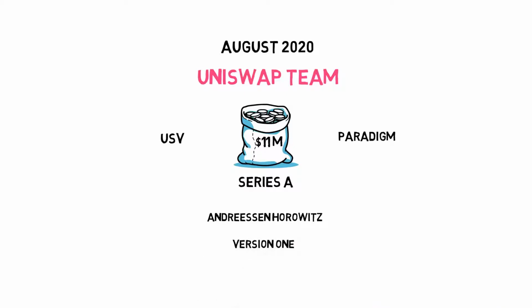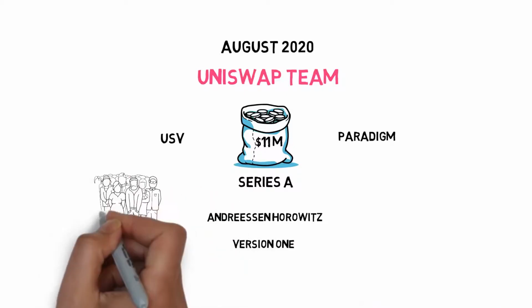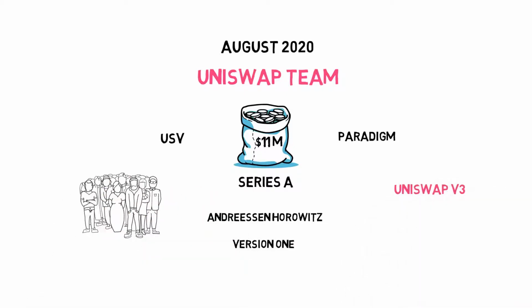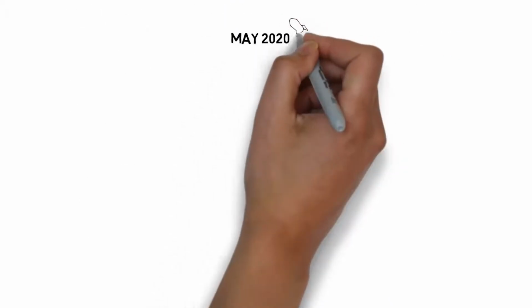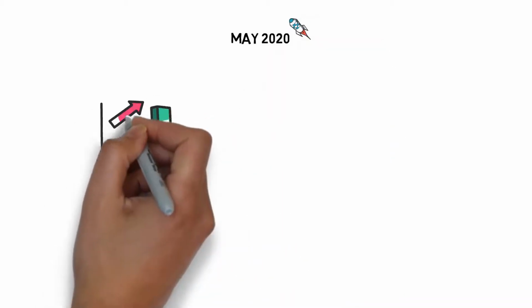The funds were used to grow the team and build UNISWAP v3, which will dramatically increase the flexibility and capital efficiency of the protocol. In May 2020, with an increased interest in DeFi, the trading volume on UNISWAP started picking up.